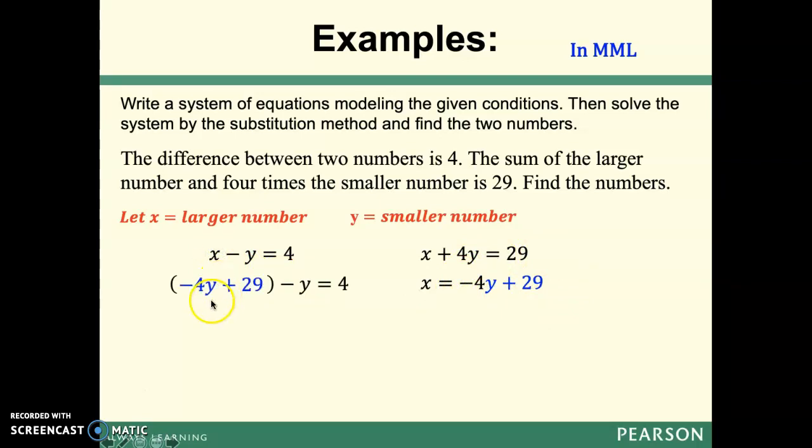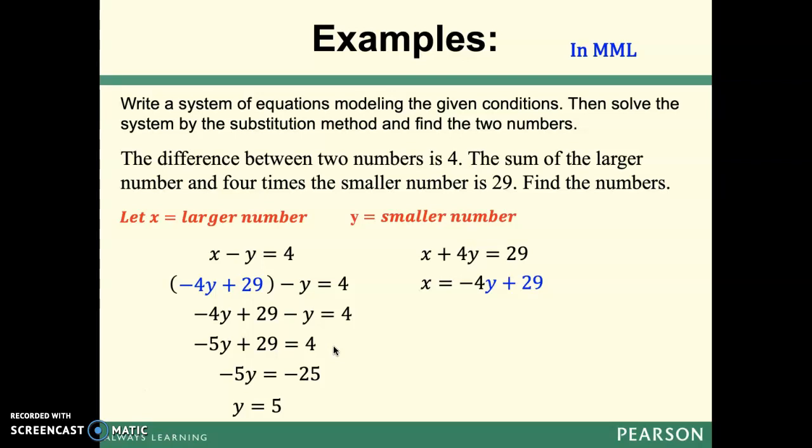So negative 4y plus 29, that's another expression for x, minus y equals 4. I don't need these parentheses here. I'm going to gather up like terms. The negative 4y minus y is negative 5y, plus 29 equals 4. I'm going to subtract 29 from both sides. Divide both sides by negative 5.